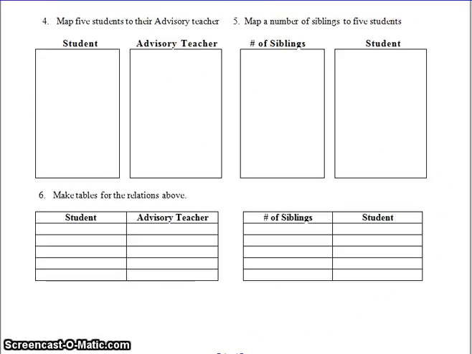Now we're going to make relations on our own. Number 4 asks us to map 5 students to their advisory teacher. So you're going to ask 5 students, and you're going to write their first names down.